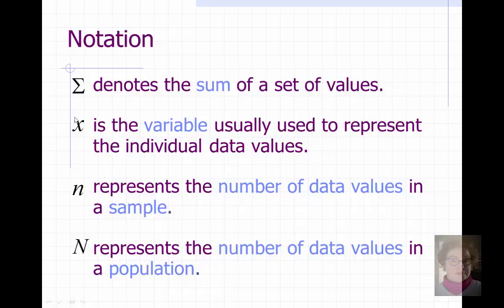We're going to talk about x as our variable. Sometimes we will put a subscript of i behind it, meaning individual x. A lowercase n represents the number of data values we have in the sample, and a capital N represents the number of data values we have in the population.